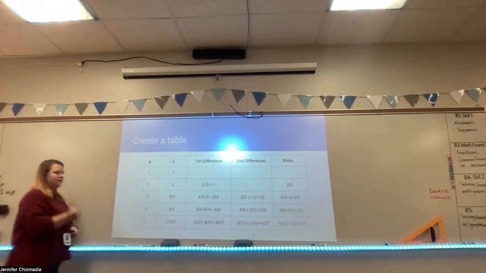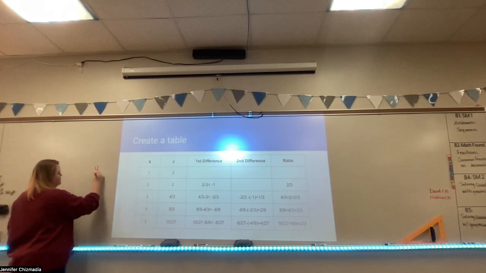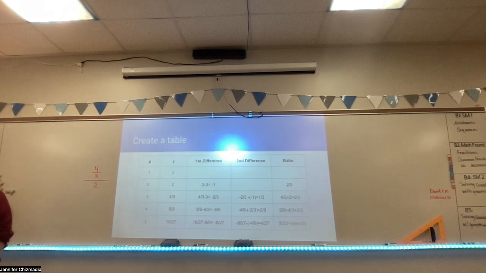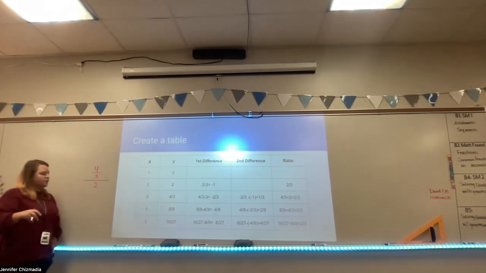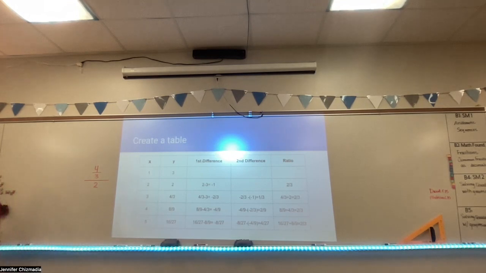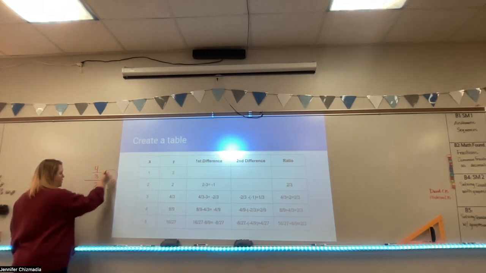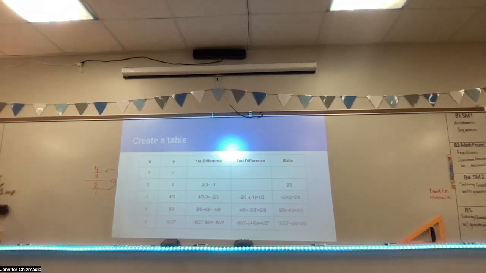If I have 4/3 and I am dividing it by 2, then what you do is you flip it, so it's 2 divided by 4, and multiply it. This looks like a whole number. How can I turn a whole number into a fraction? You put a 1 under it. So I'm going to go ahead and put in that 1. Then I like to draw this nice little curly Q right here to indicate that I'm going to flip it over.